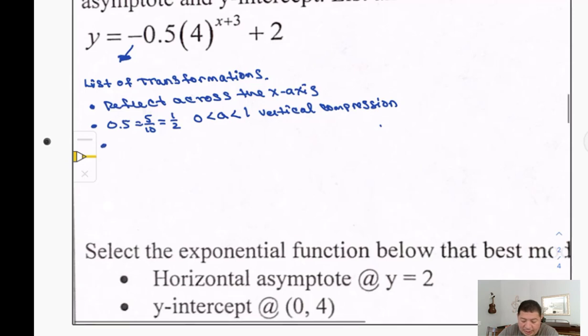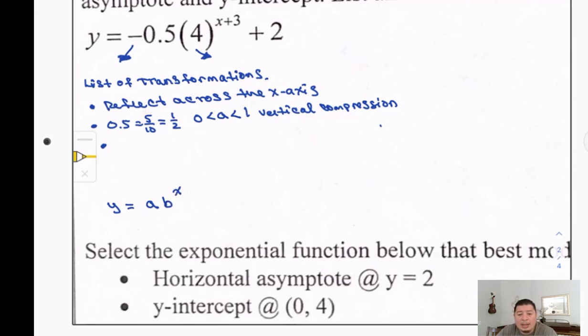Okay, so now let's move on. In case you don't understand what I mean by a and b, the parent equation of this would look like this: a times b to the x power.